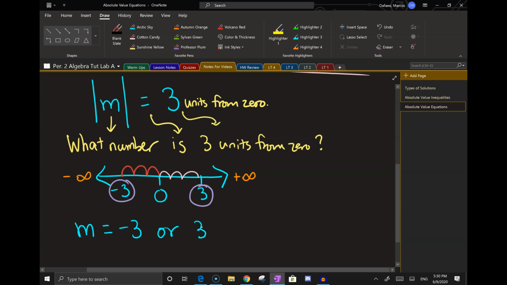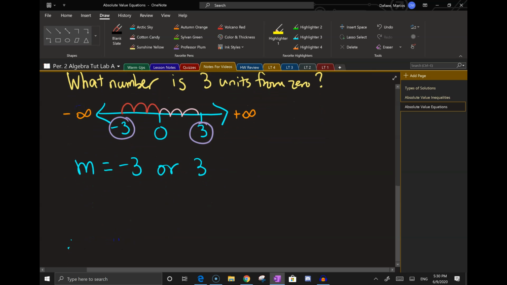If I were to write a sentence, which I think is a good idea, I should actually write this down: m could be either -3 or +3.